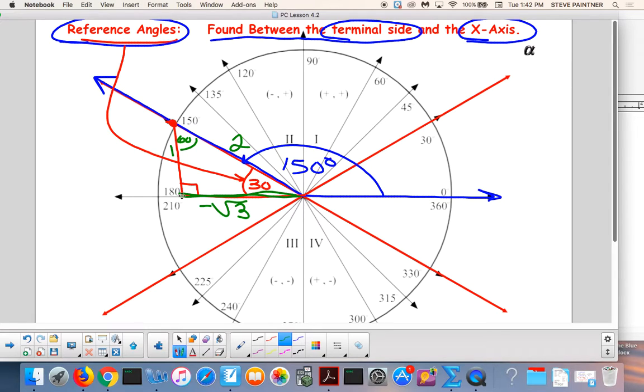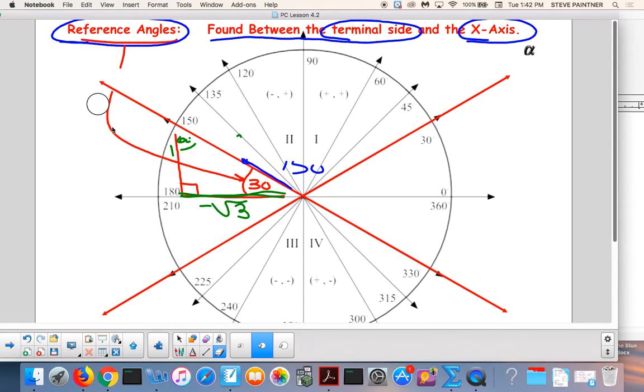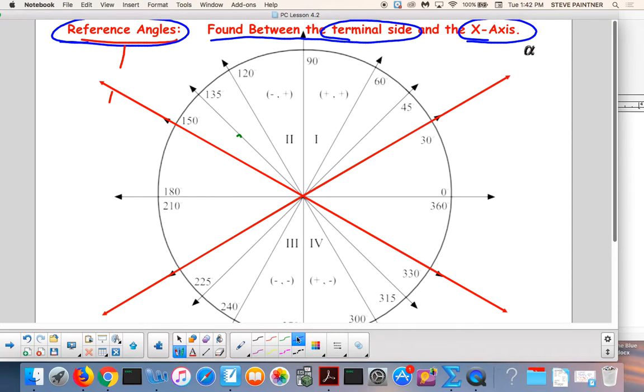Okay, do it again. Draw yourself a 240. Draw yourself a 240. See what happens. And then give me the reference angle. On the next slide. Well, I'm staying on this one. I know it gets a little messy.